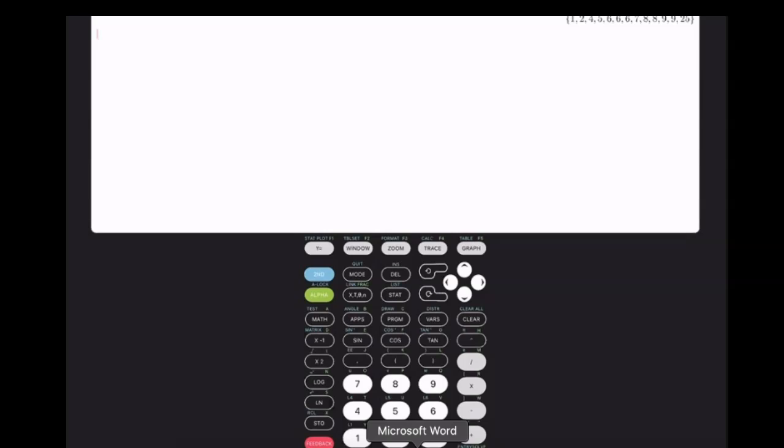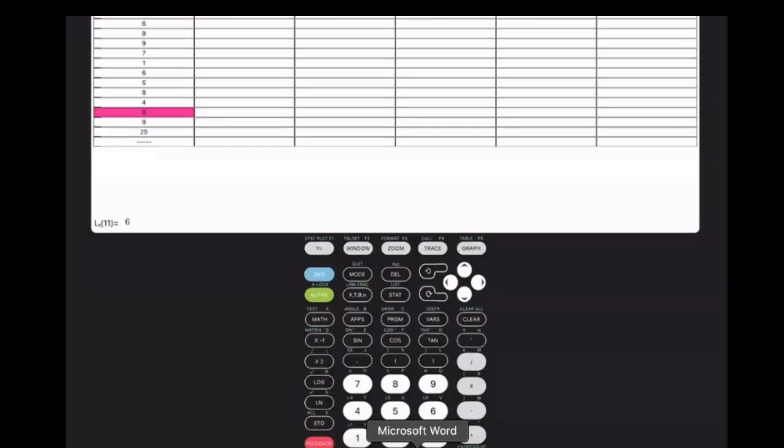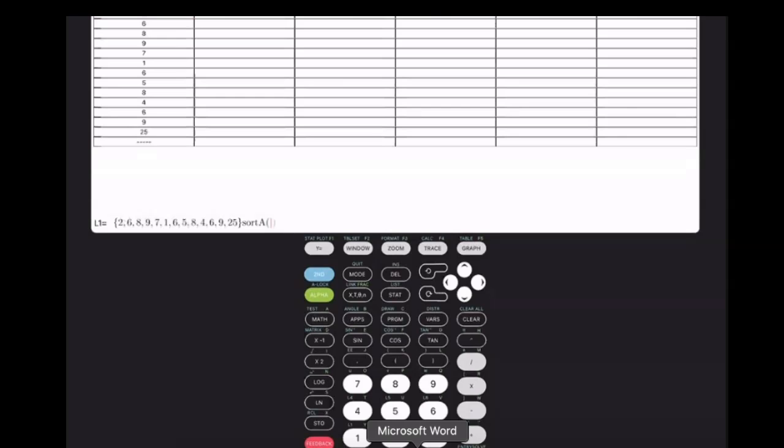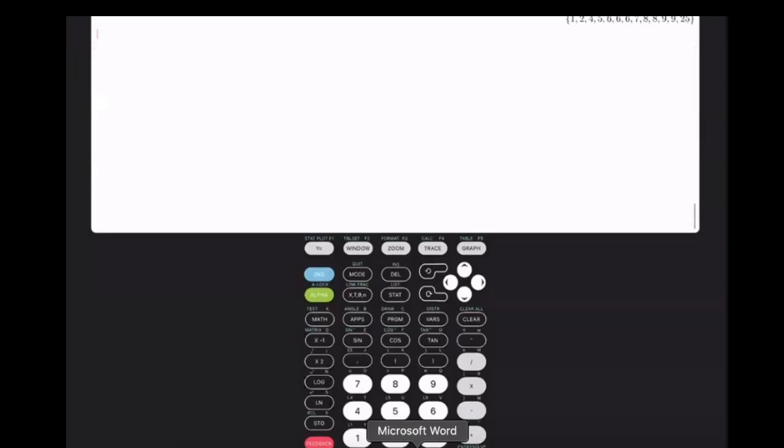Questions? Does it do that on the other calculator? Yes, but if you do it on the other calculator app, it might not. If it doesn't spit the numbers out right here, if you go to stat edit, it typically will sort the numbers right here. Stat sort A, L1, stat.